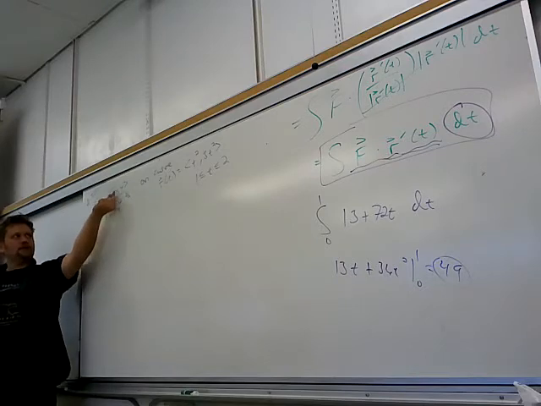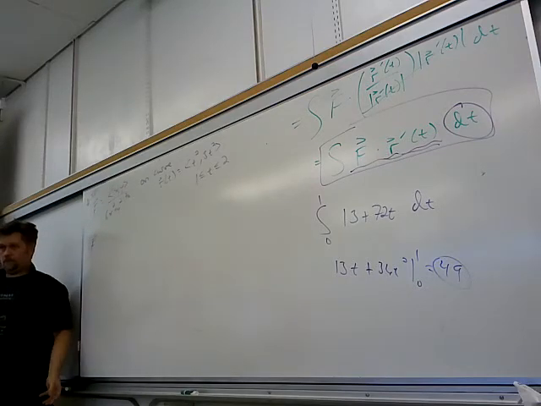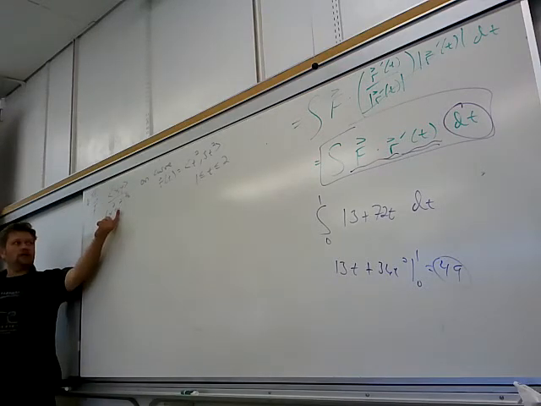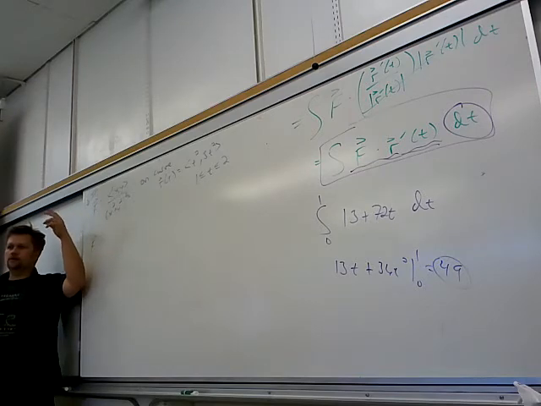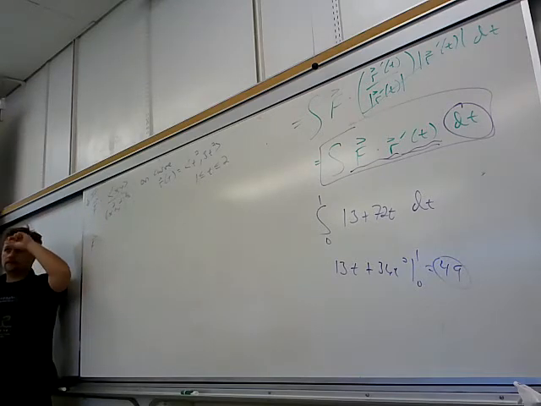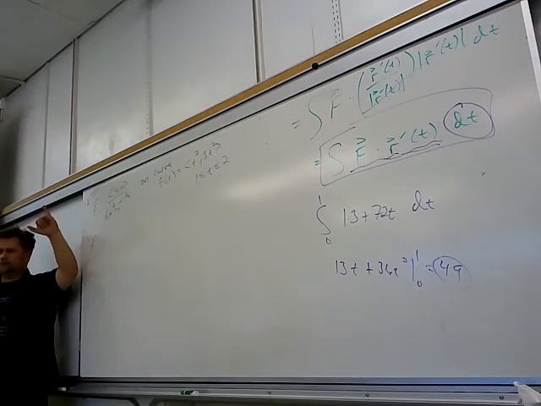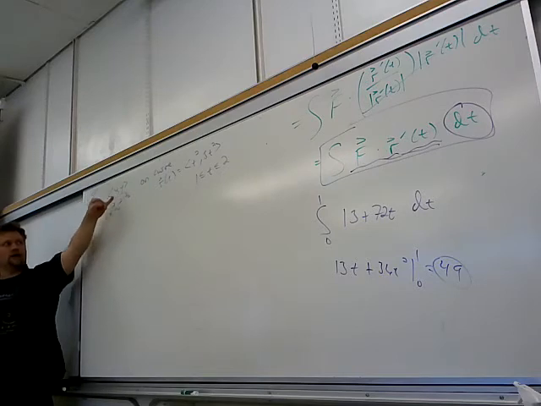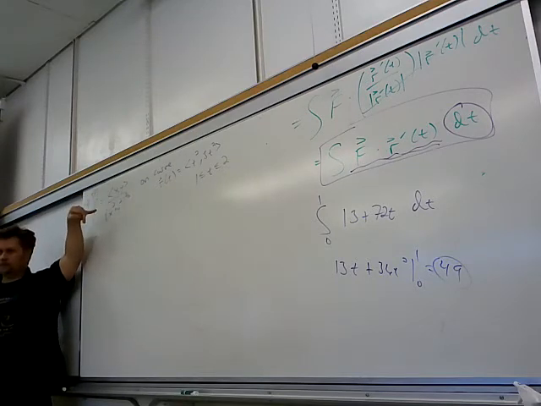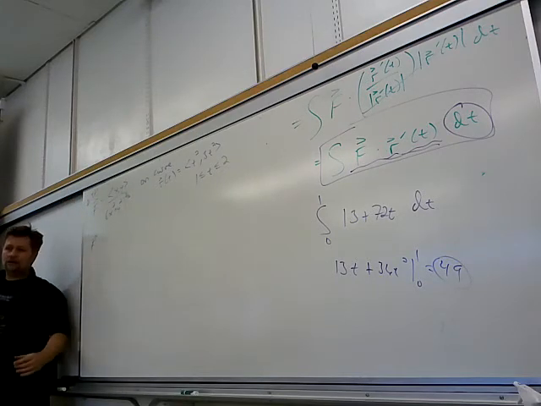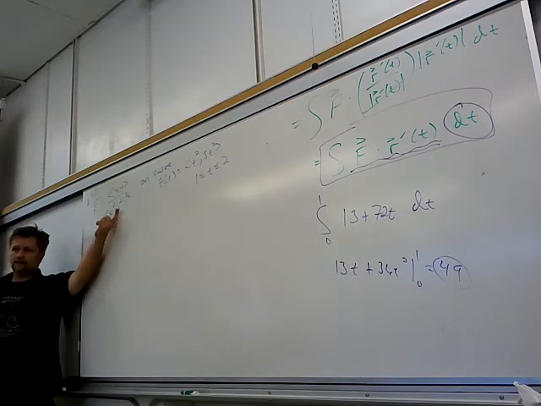It's just a multiple, but one that depends on x and y, so it's not a constant. You can't take it outside the integral because it changes as x and y change.